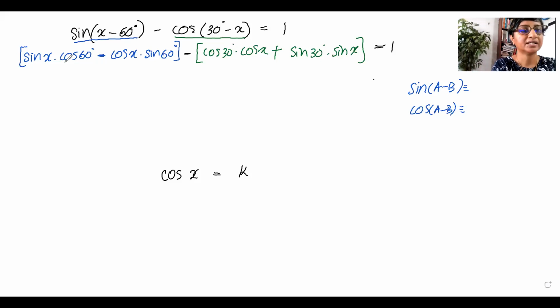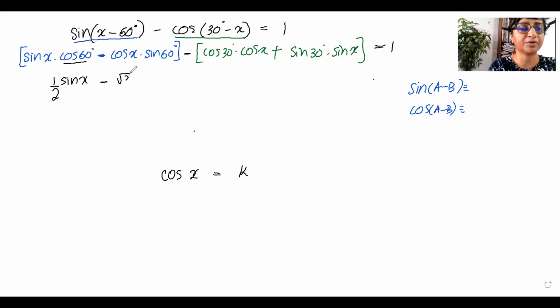Cos 60 is half. So sine x times half, I'm going to write as half sine x. I wrote the half in front because that's what you usually do. If I write sine x half, that looks odd. I can bring it to the front, make it look like the coefficient of the term. And then minus sine 60 is root 3 over 2.